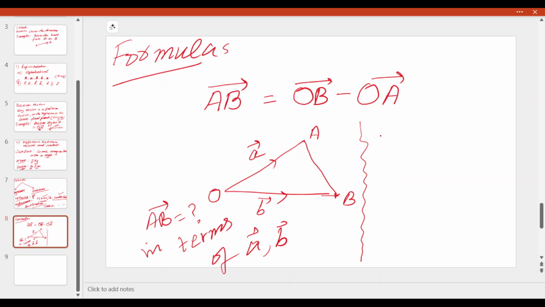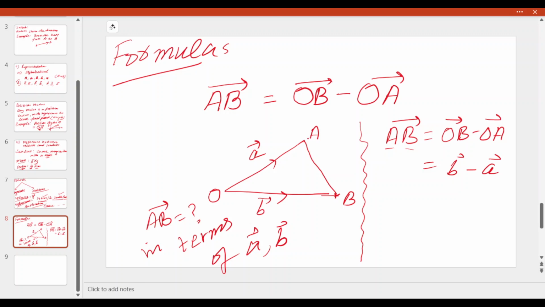So AB, the formula is AB is equal to position vector B minus position vector A, or OB minus OA, the last one minus the first one. So we know that OB is equal to b, because the question is saying that we have to write this in terms of a and b, so OB is equal to b and minus OA is equal to a.